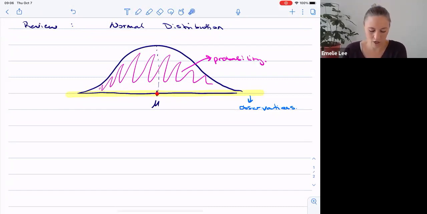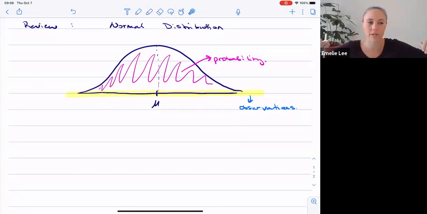It means that observations that are hanging out around the mean are more likely to happen, right? Because the area under the curve is the largest around the mean. And as we move further out into the tails, notice that the area underneath the curve gets smaller and smaller and smaller. It never actually closes on the axes, but essentially the area gets so small that we call it approximately zero.